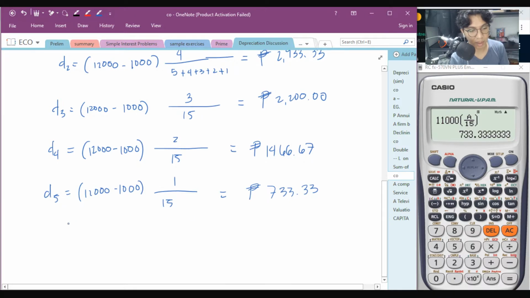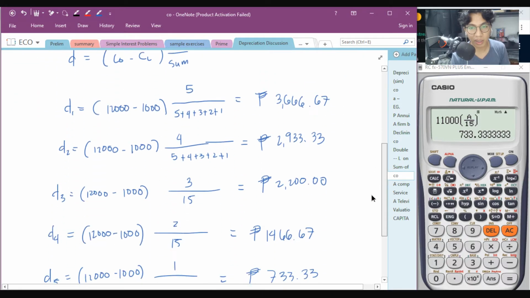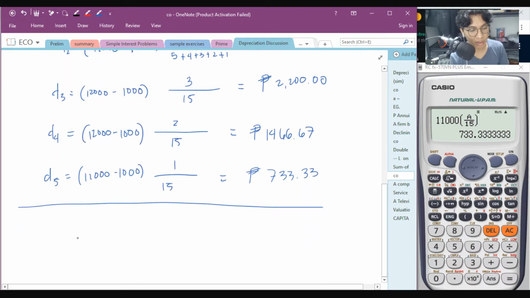Okay, anong hinahanap natin dito? Ang hinahanap natin dito is the book value, book value at the end of each year. So, BV1, that is CO minus DN. Ano ba yung DN dito? Minus D1 lang naman. So, CO, that is 12,000 minus D1 mo dyan.